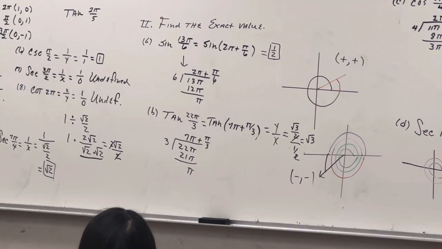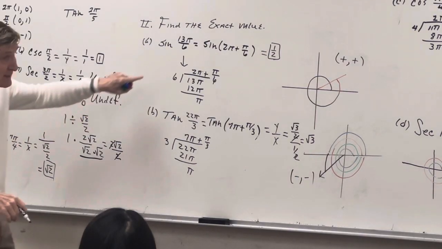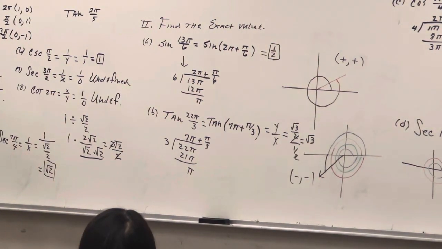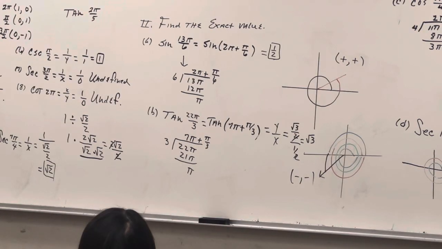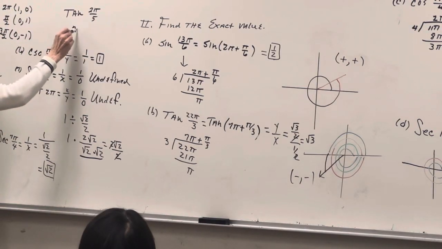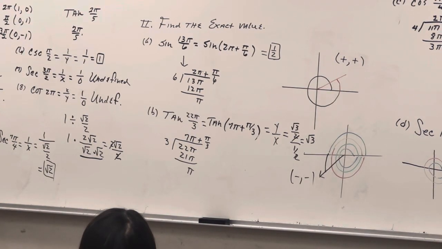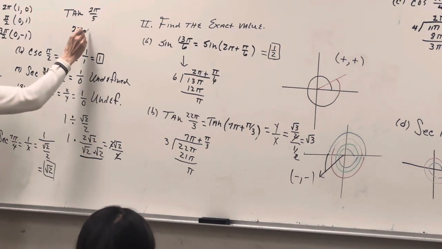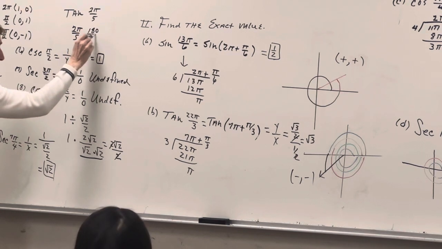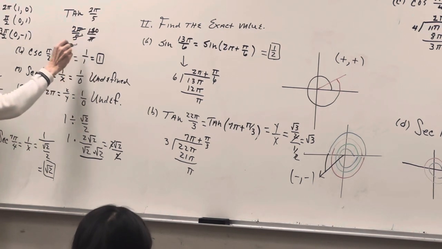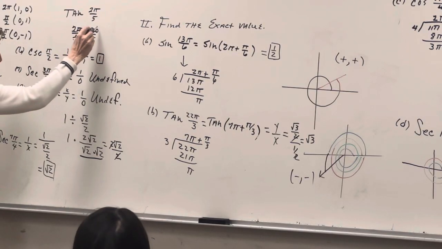And it looks like it would be awkward if I tried to divide it out to see where it is, 2 pi over 5. I could convert it to degrees if I want to see where it is. My conversion factor, if I want to take it from radians into degrees, is it 180 over pi? Yes or no? Pi's cancel. 5 into 180, how much is that, guys? 36?